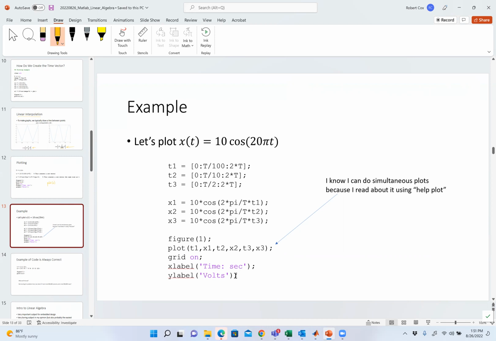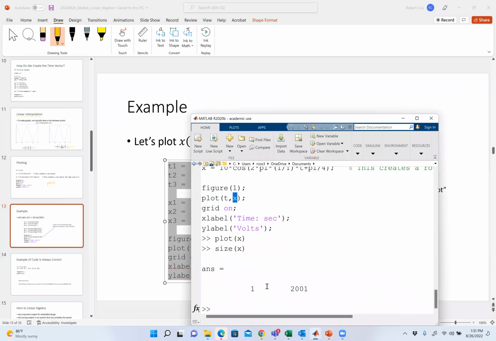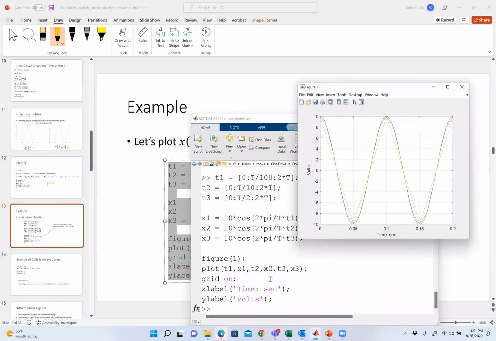Let's run it. All right, so there I can see the difference between these time vectors. I had one that's t over 100, one that's t over 10, and one that's t over 2. So the yellow one here, which one is the yellow one?